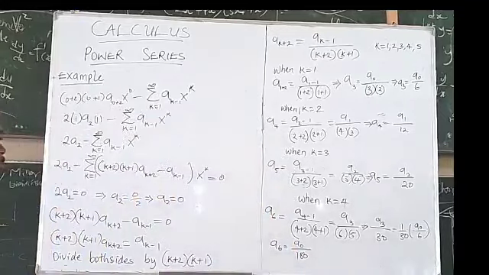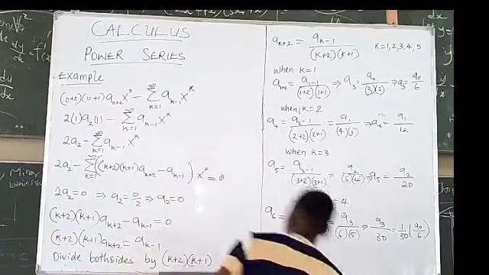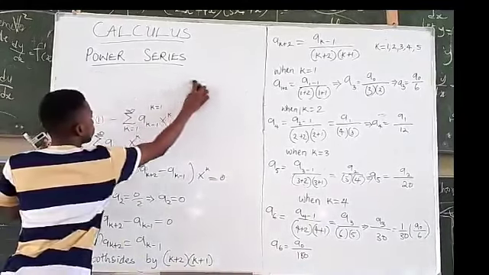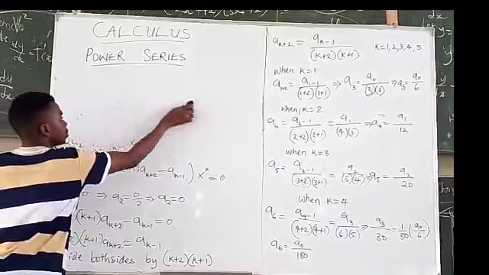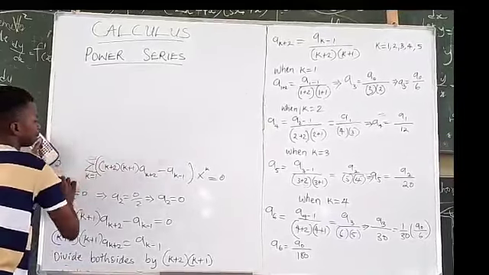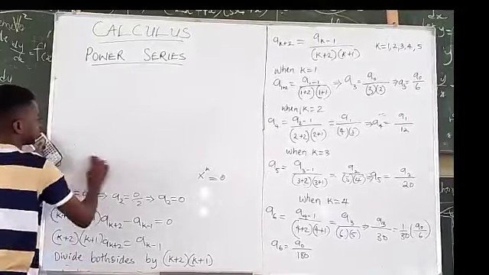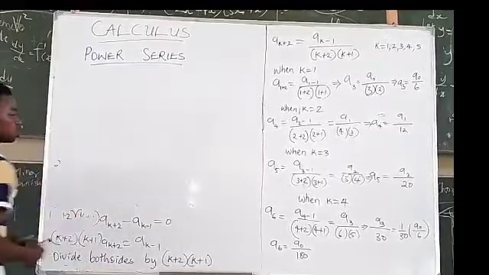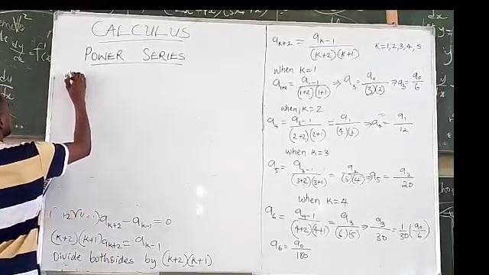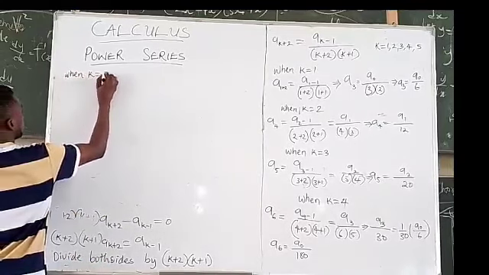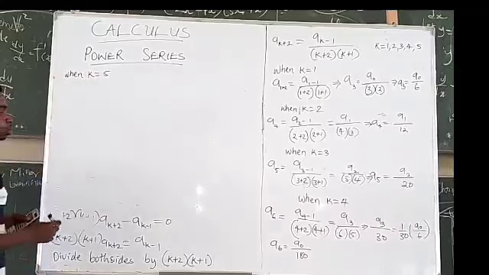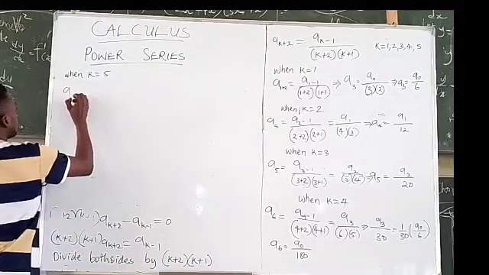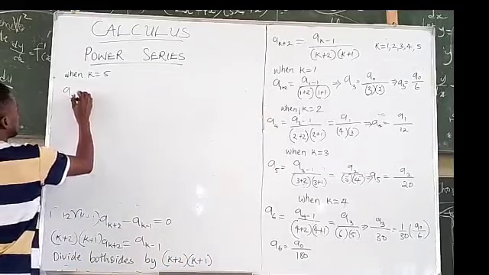Then the next is A5. Okay, when k is equal to 5, we're going to put the value of 5 into this, which is A7.